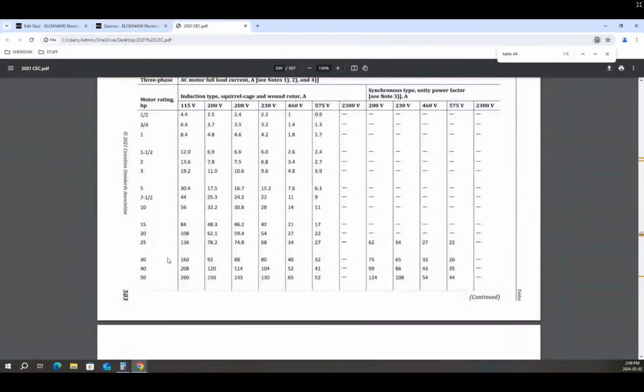And this is 40 horsepower, 600 volt. 40, 600 is 41.